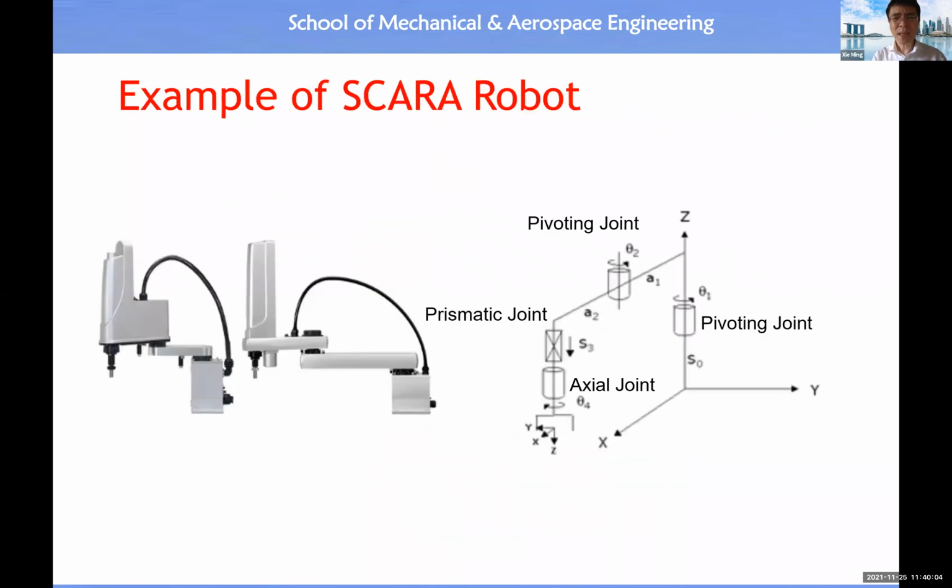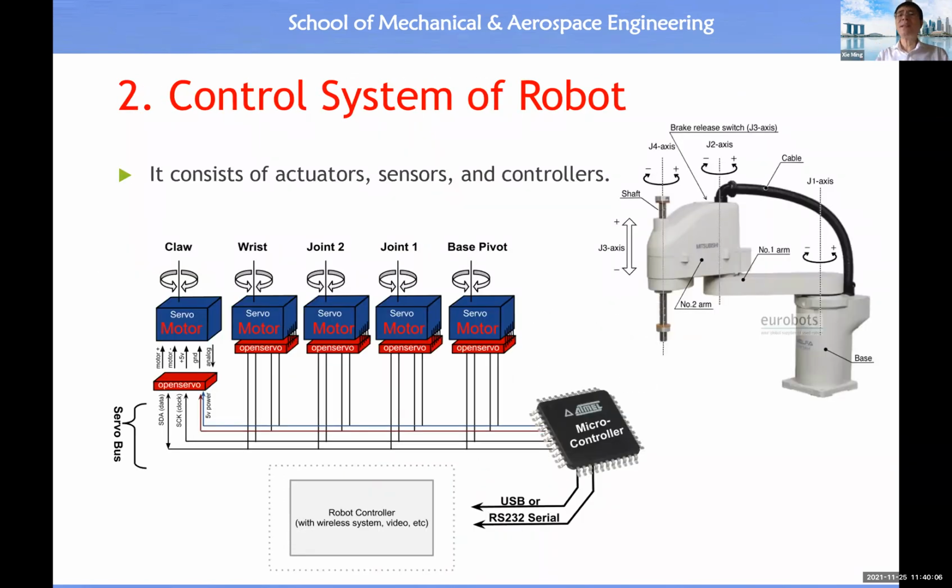Now we zoom into the key components inside a robot's control system. This is an example showing the control system which could be coupled with the robot's mechanical system. For this robot, you have joint 1, joint 2, joint 3 here, and joint 4, so you have 4 degrees of freedom.